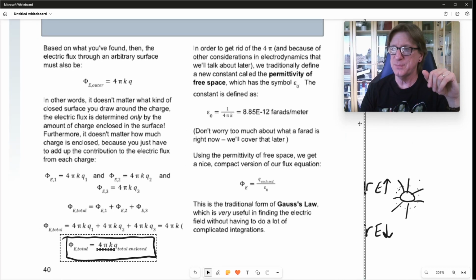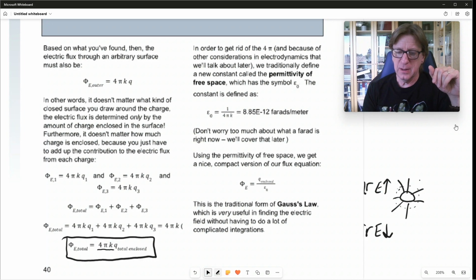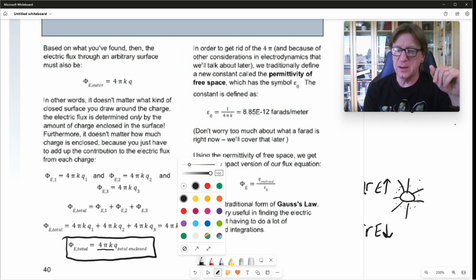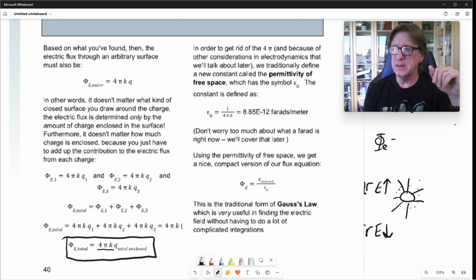So I'm going to go ahead and write these out. And so I have phi e is equal to 4 pi k q, and I'm going to say the charge that's enclosed. If I bring my surface down so that it is inside this, then not all of the charge might be in there, and so then the flux would be a little bit different.